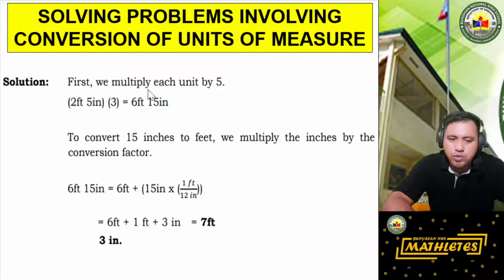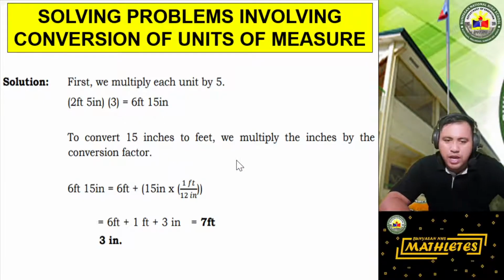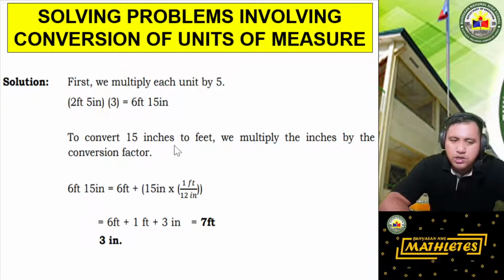So first, we multiply each unit by 3. We have 2 feet times 3 is 6 feet. 5 inch times 3 is 15 inch. So to convert 15 inch to feet, we multiply the inches by the conversion factor.